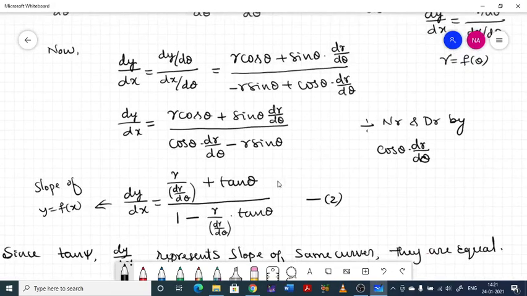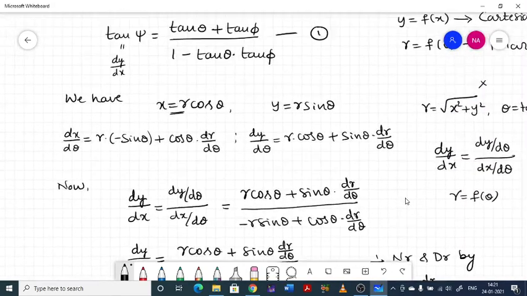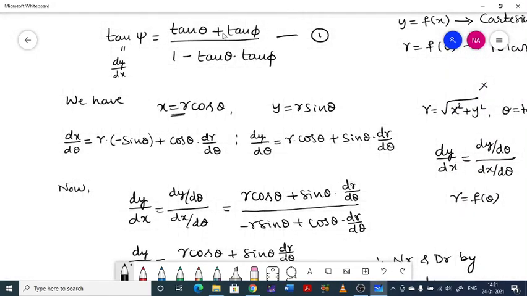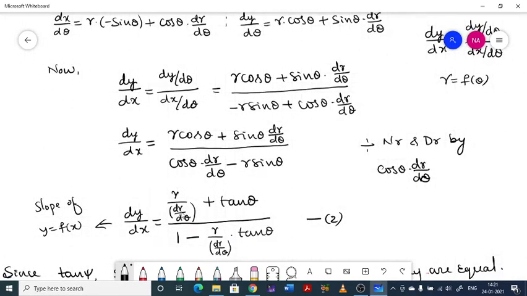See, here you have tan theta, here I have tan theta, so the remaining part here is tan phi, but here I have r by dr by d theta.